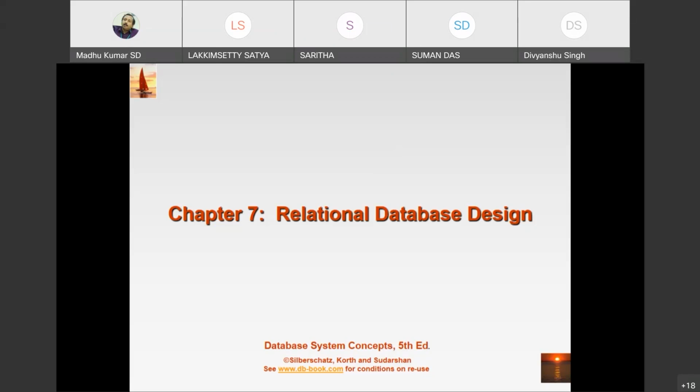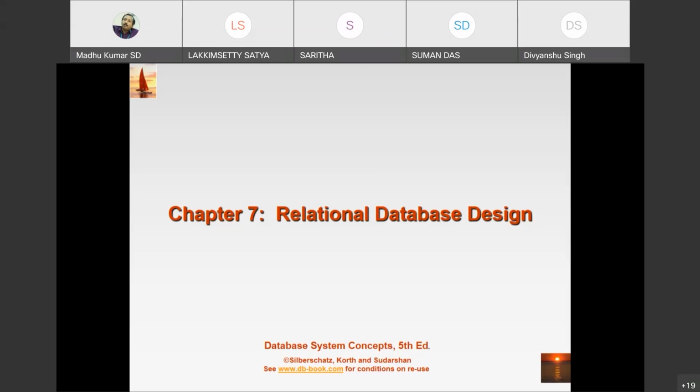The higher you go in the normal form, the lower the redundancy. In other words, by removing the redundancy, the database design's normal form will be higher.